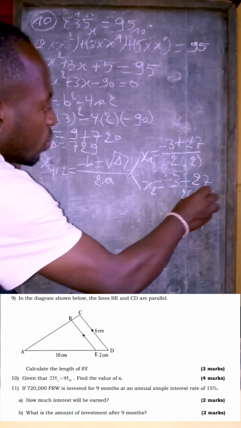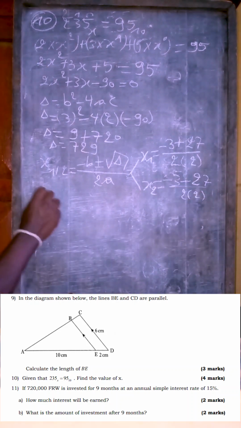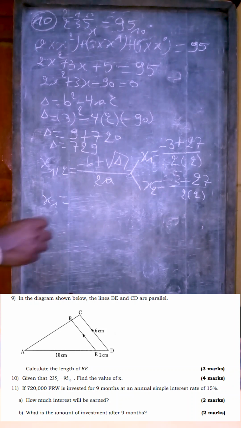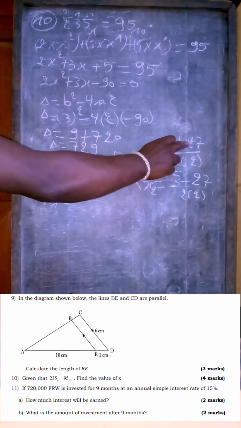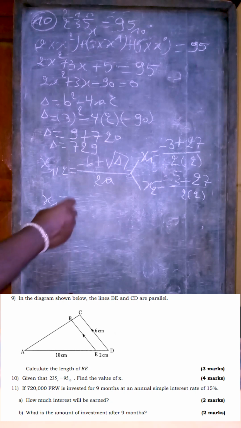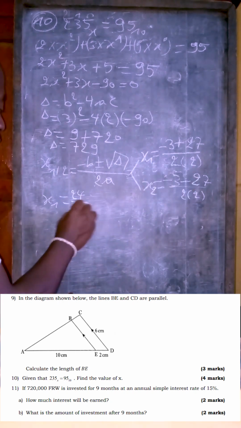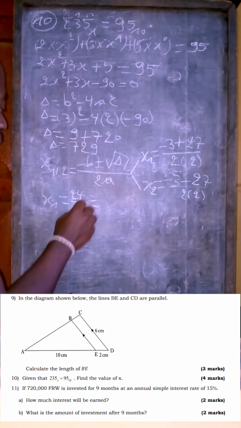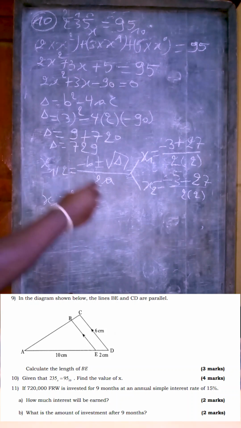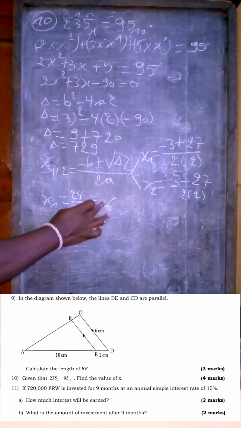2 times 2. Then x number 1 will be equal to, by taking minus 3 plus 27, it will be 24 only. 24 over 4 is equal to 6.